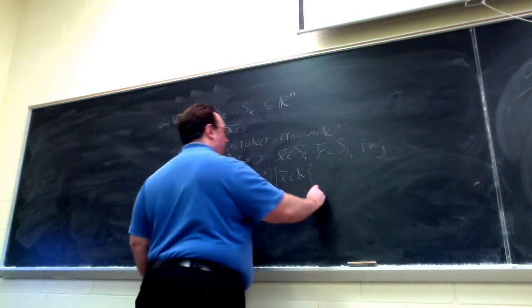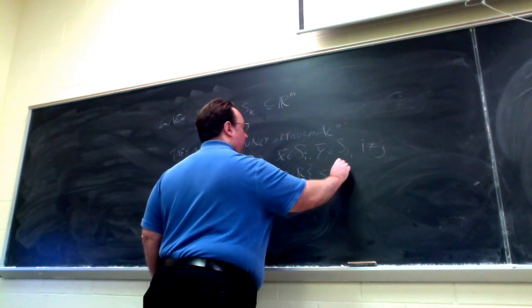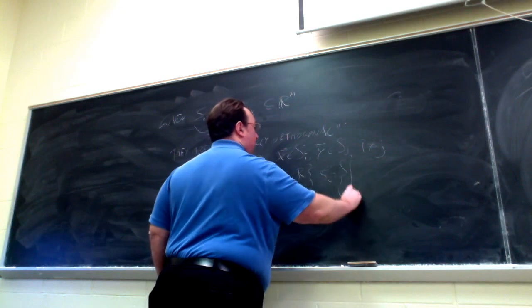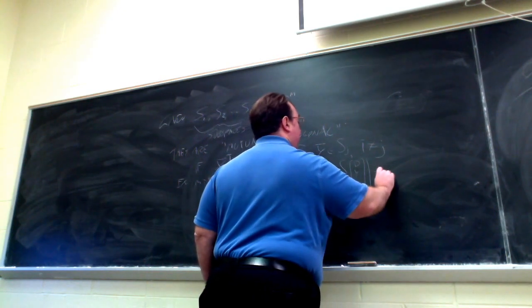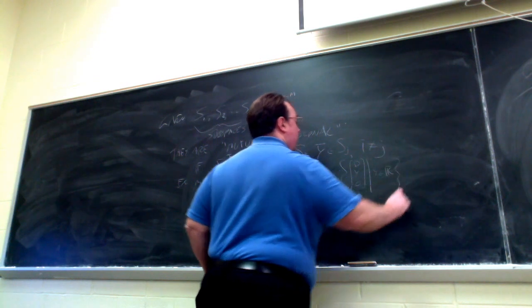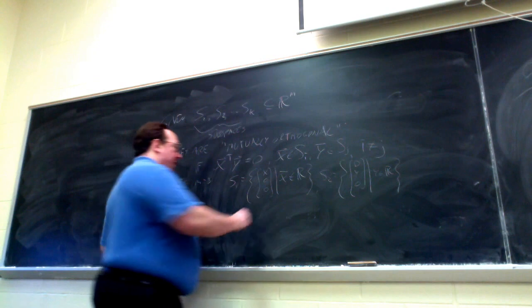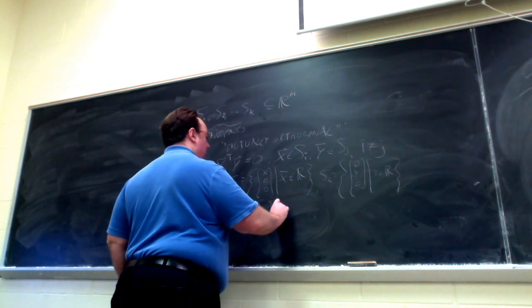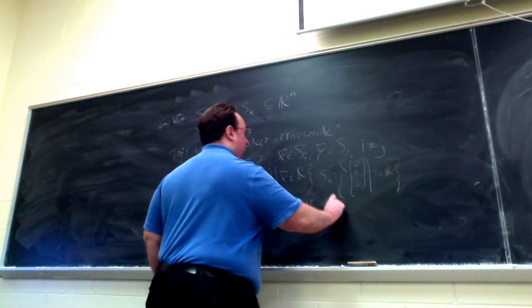And then I could define S2 to be the set of all vectors of this form that has only a y component and no x or z component. So S1 and S2 are mutually orthogonal.